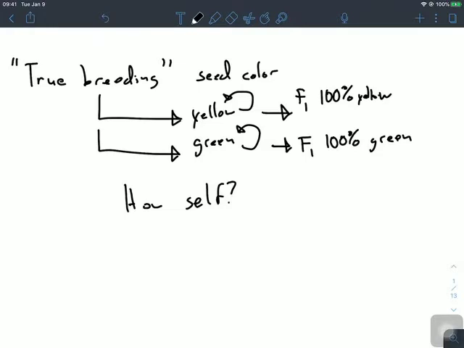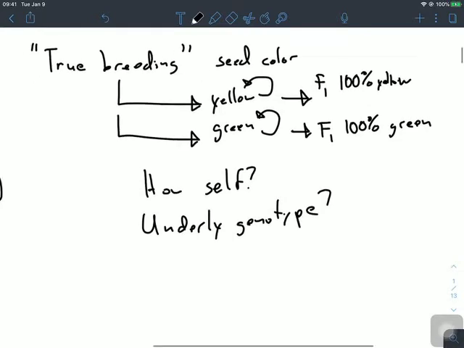Second, what does this mean for the underlying genotype? Well, for a true breeding plant, that means that it has 2 alleles, and if it's a true breeding yellow, it's going to have 2 yellow alleles.